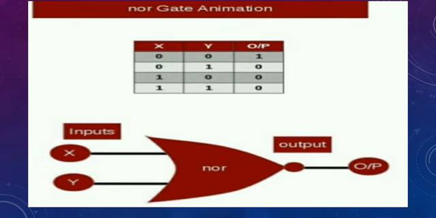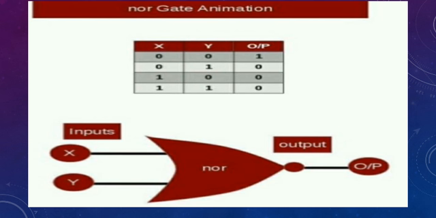This is the NOR gate. The NOR gate has the opposite function of what? The OR gate. This is the symbol. It has two inputs and only one output. The formula is A plus B the whole bar. That is the inversion of the OR gate. If both inputs are 0, it gives the high output.